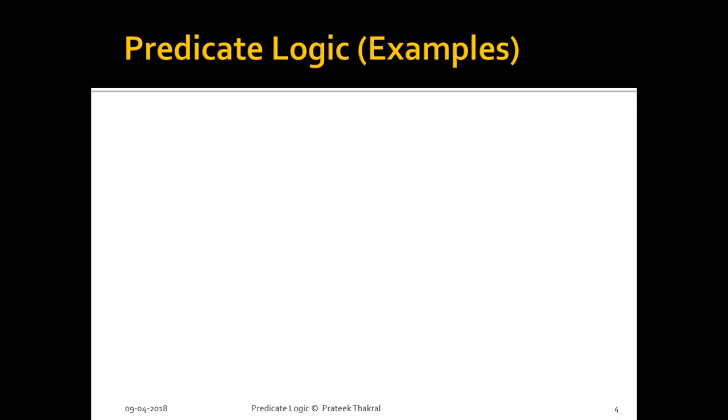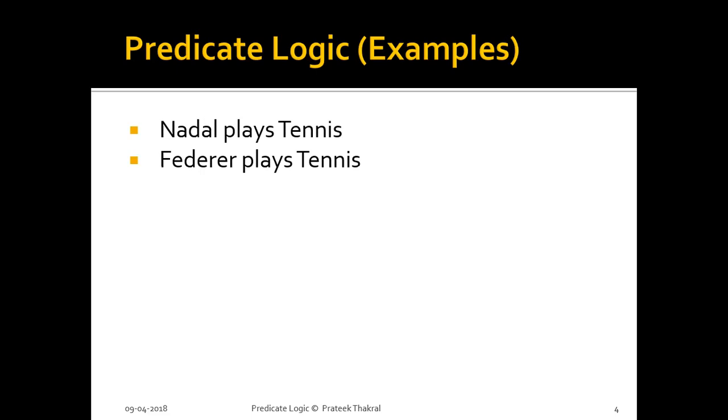Let's take some examples of predicates. Here we have two different sentences: Nadal plays tennis and Federer plays tennis.